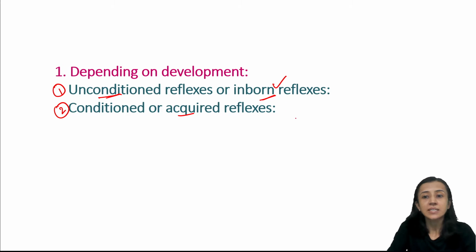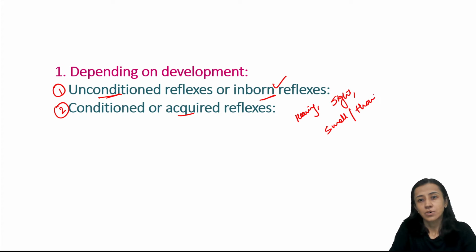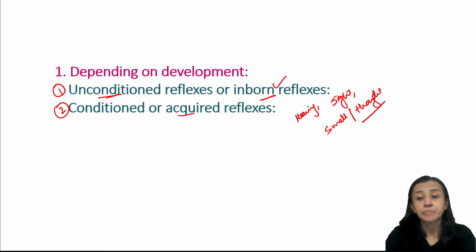Either because of hearing, or sight, or smell, or thought of your edible substance, that produces salivation. Why is there salivation? Because it is a learned reflex. We know the taste. So depending on the development, reflexes are of two types: unconditioned or inborn reflexes, and second, conditioned or acquired reflexes.